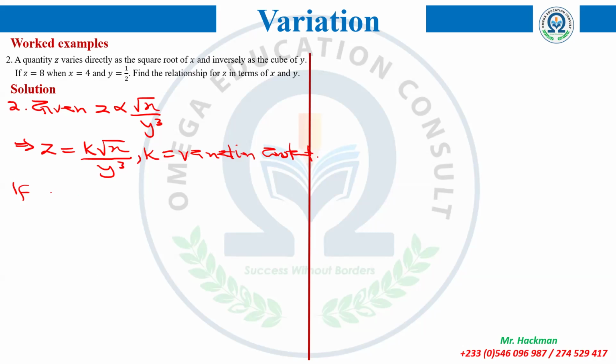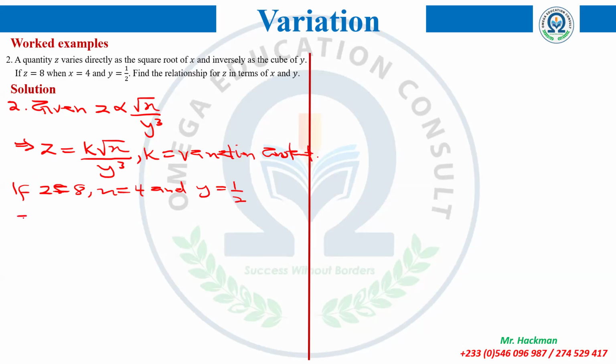Okay, so now if z is equal to 8, we know that x is equal to 4, and y is equal to 1 over 2. So I'm going to substitute these values in their corresponding places.